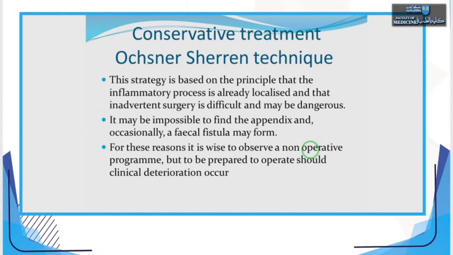It may not be possible to find the appendix, and occasionally a fecal fistula may form. For these reasons, it is wise to observe a non-operative program, but to be prepared to operate should clinical deterioration occur.